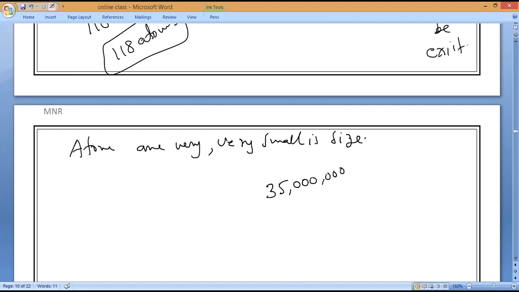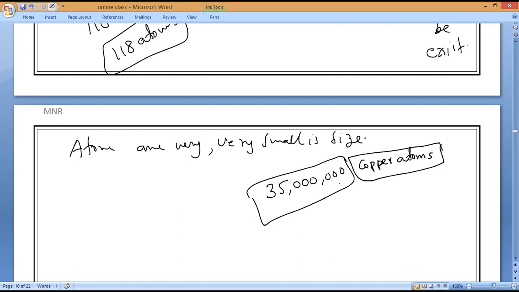Anybody can tell? I think 3 crores 50 lakhs. Yes. So 3 crore 50 lakh copper atoms.